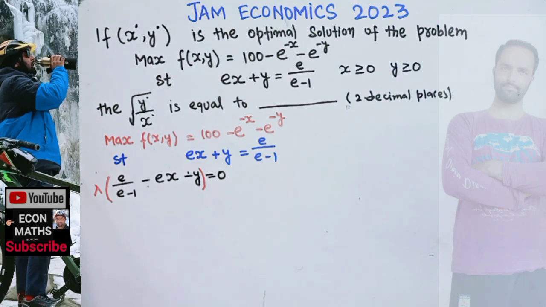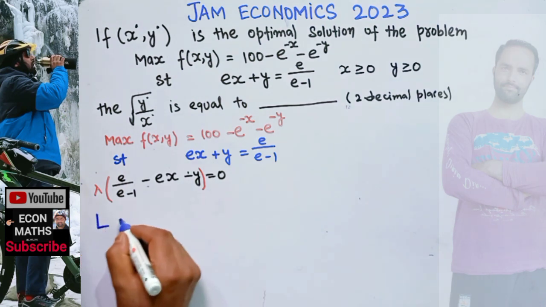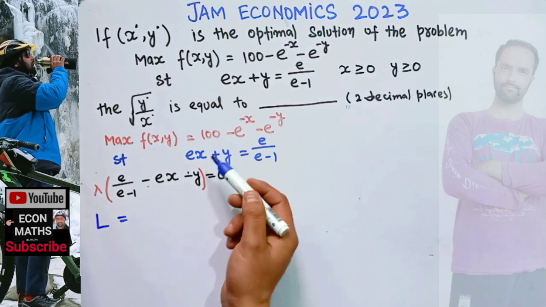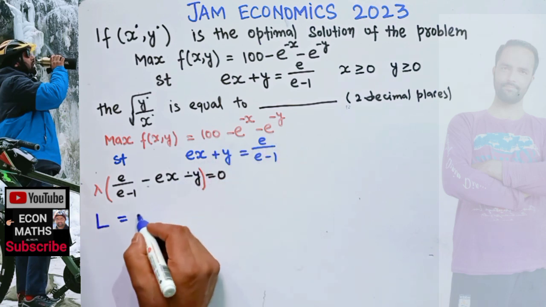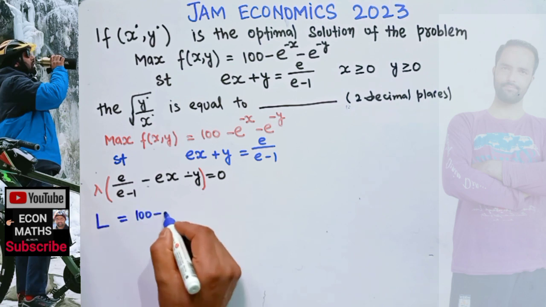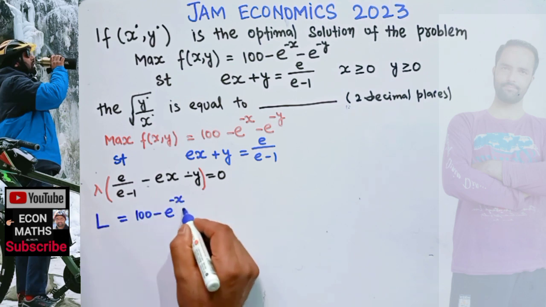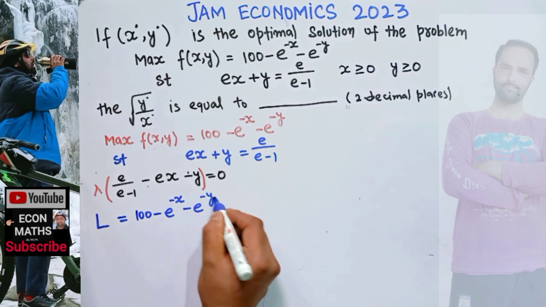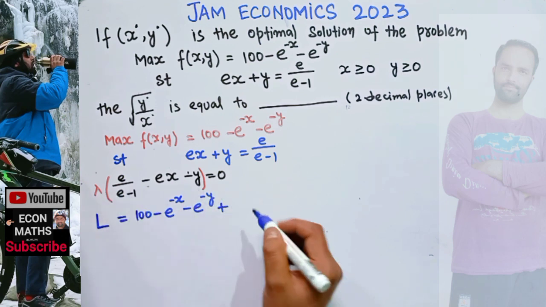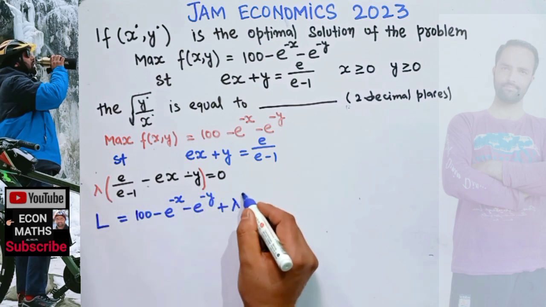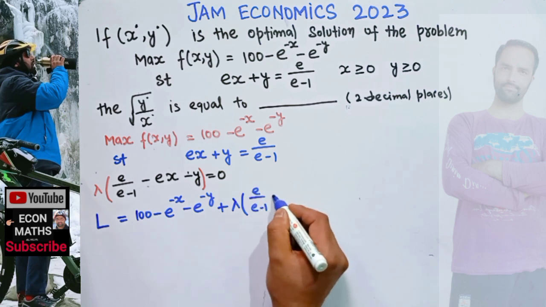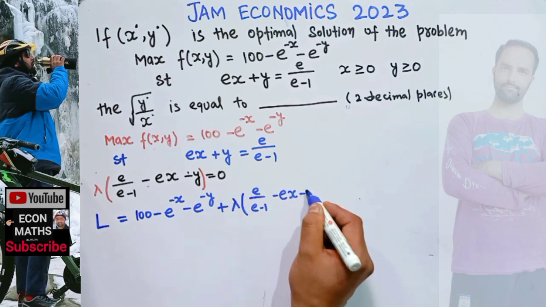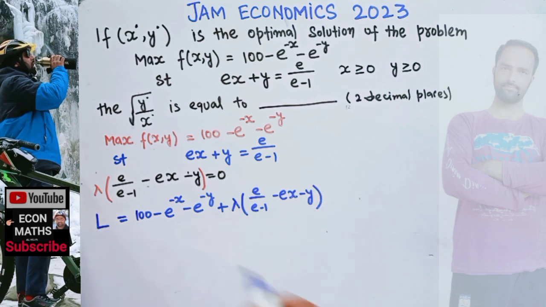Then we form the Lagrange's function such that we add the given objective function, which is 100 − e^(−x) − e^(−y), to this resulting constraint, that is λ(e/(e−1) − ex − y). This is our Lagrange's function.